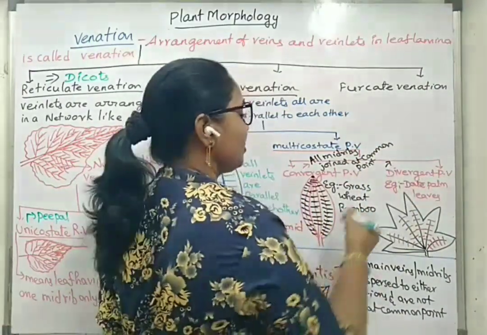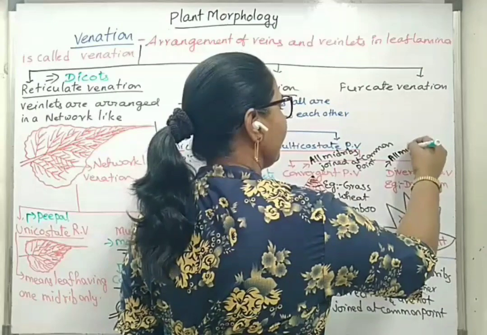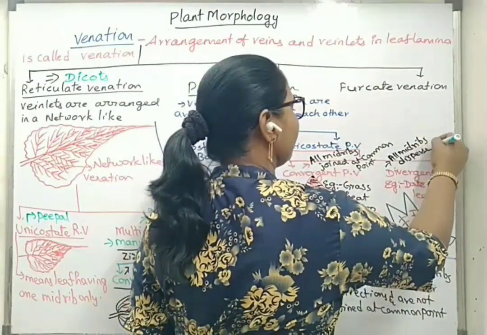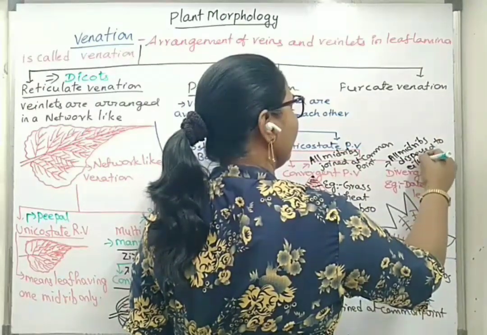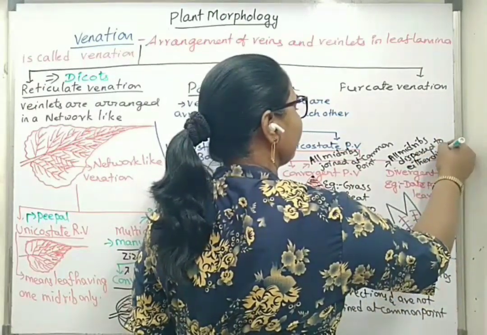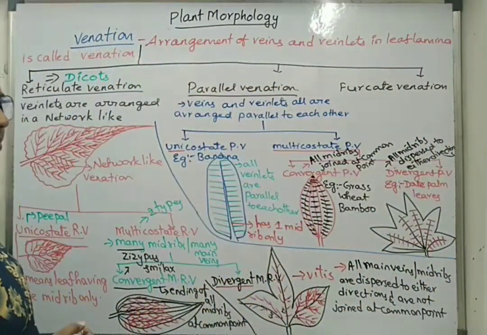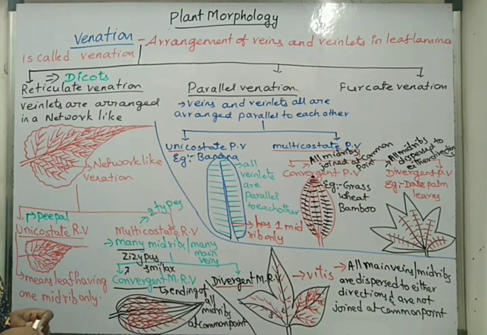In case of divergent, all midribs dispersed to either directions. So this is in case of convergent and divergent types of venation.